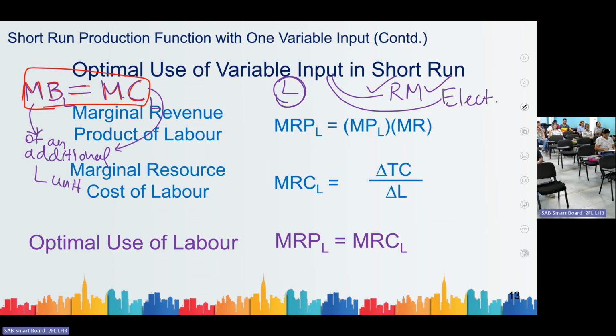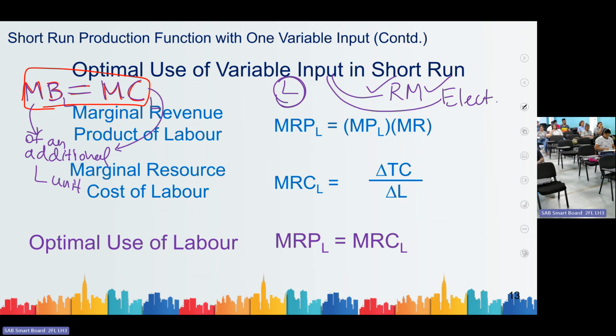By utilizing labor, what does the firm do? The firm utilizes labor in order to produce.